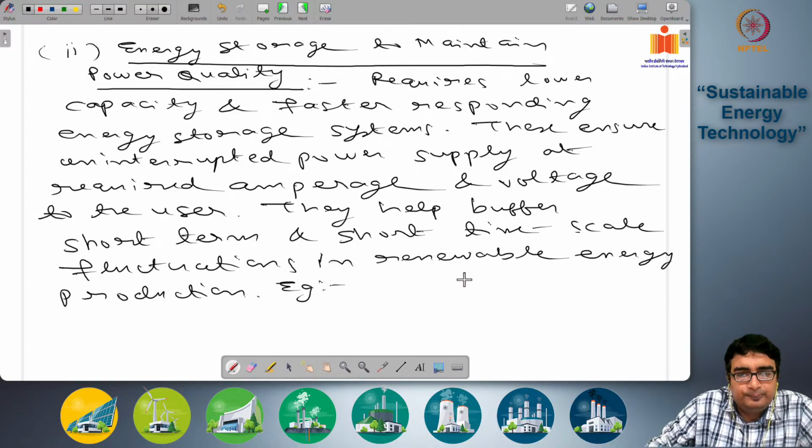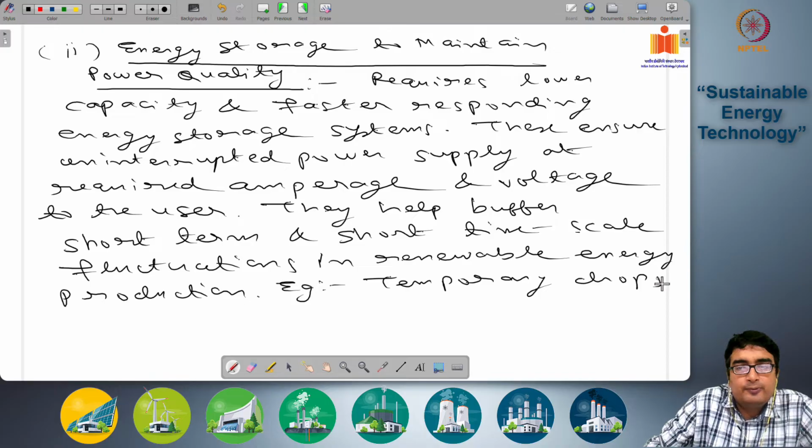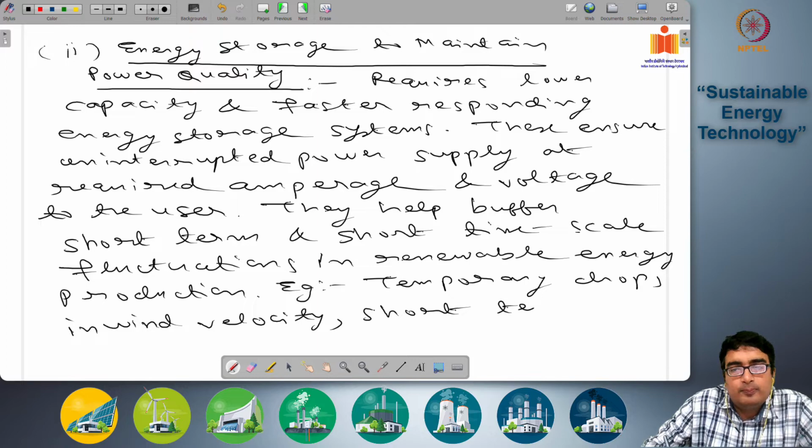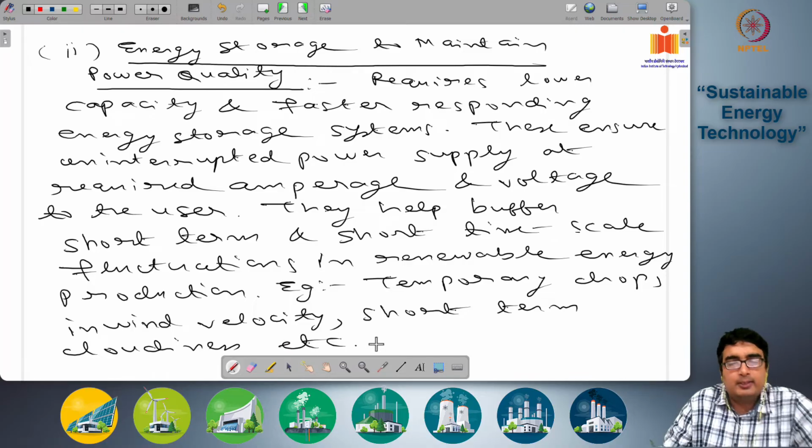Example, temporary drops in wind velocity, short-term cloudiness, etc.